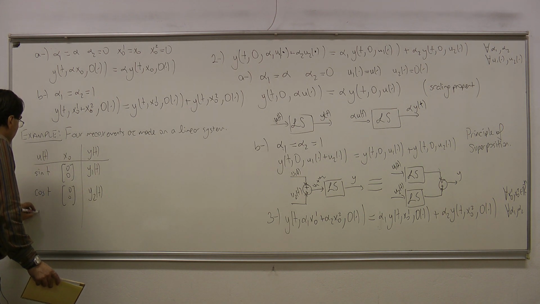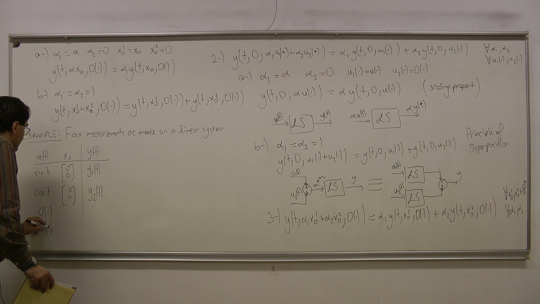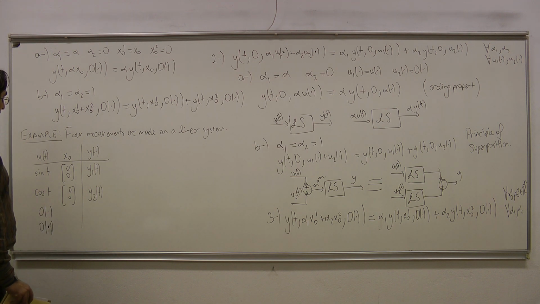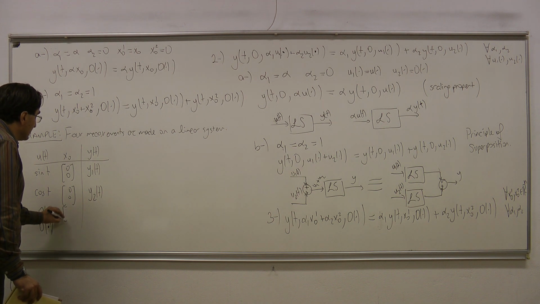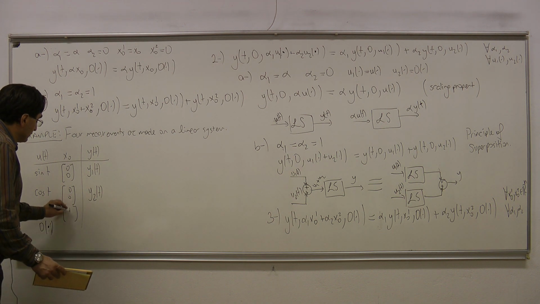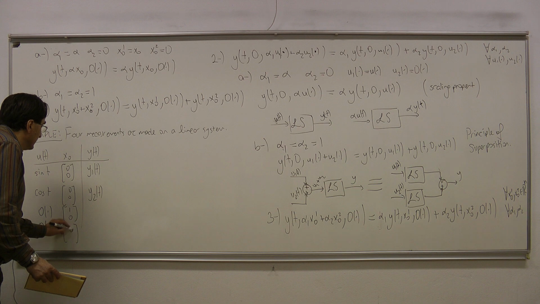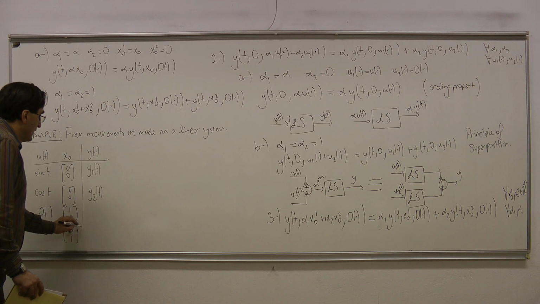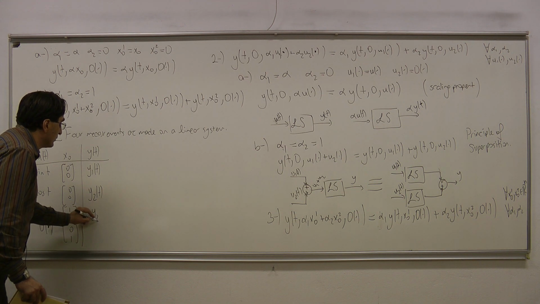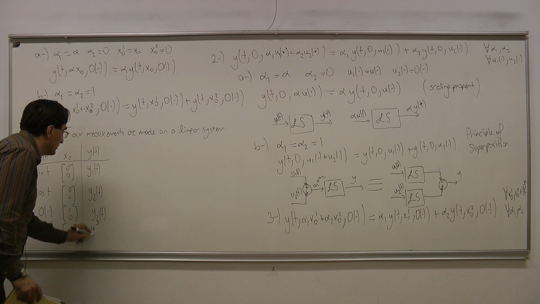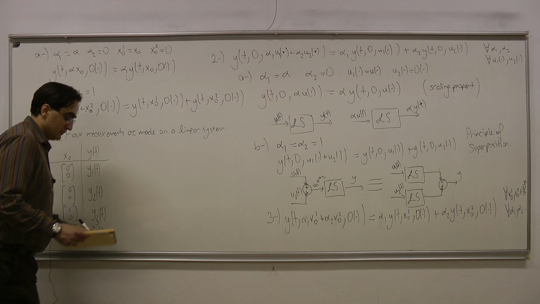Now the third and fourth experiments are related to zero inputs. I give the system zero input, but I start the system from the initial conditions 1, 0 and 0, 1. The outputs that I collect for these cases are called y3 of t and y4 of t.